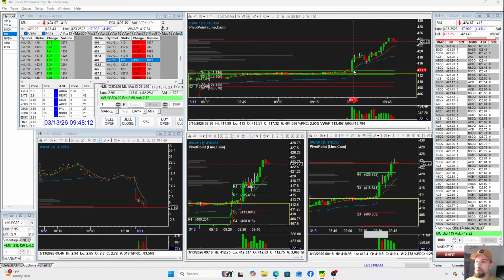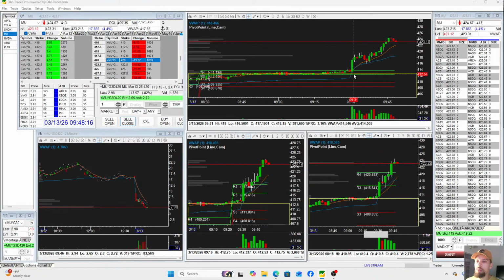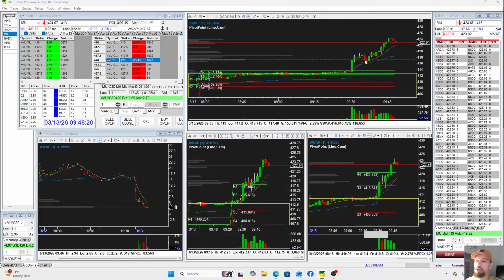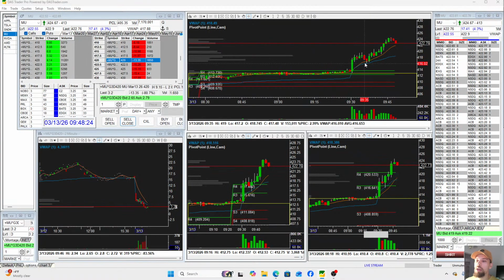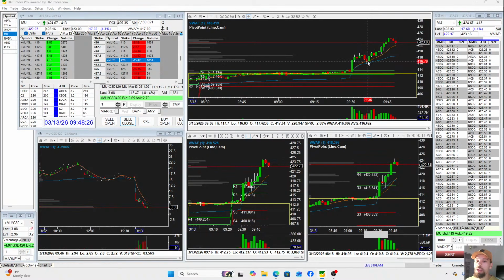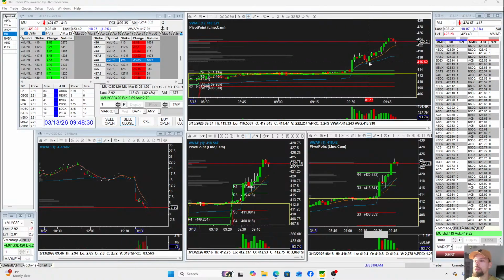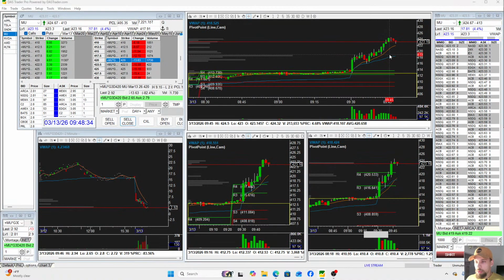If you were long bias on this trade, there's a wonderful opportunity for a nice chunk of change, especially on this pullback right here. There's a lot of confirmation for support right here as well to take a long. If you miss the initial break, 416 all the way up to 420, 423.